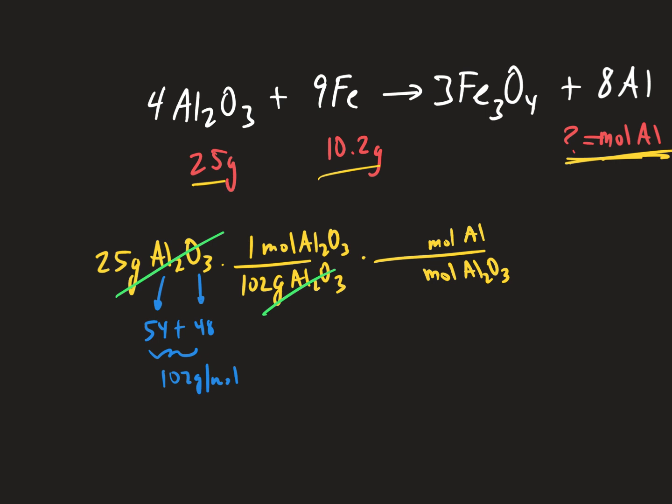So how many moles of aluminum to how many moles of aluminum oxide? Yeah, what's the mole ratio? How many moles of aluminum do we put in there? 8. Right? This number right here.